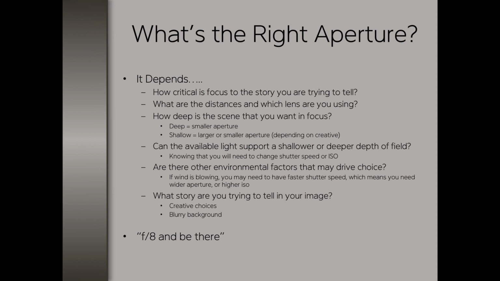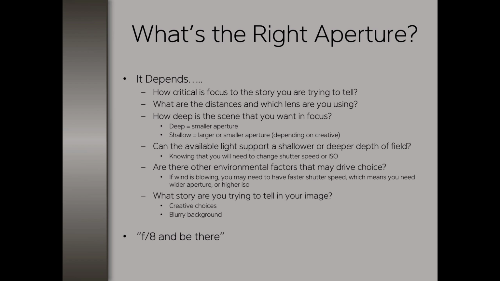The next thing that I ask folks around what's the right aperture: can the available light support a shallower or deeper depth of field? So let's say you're shooting at dusk or just in the blue hour after the sunset, and you want a really deep depth of field.